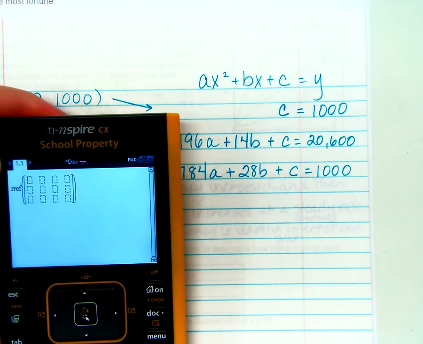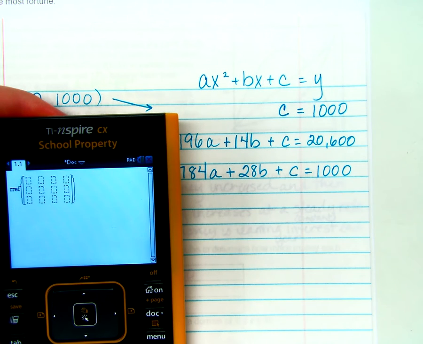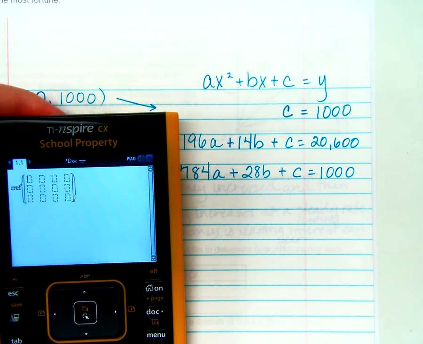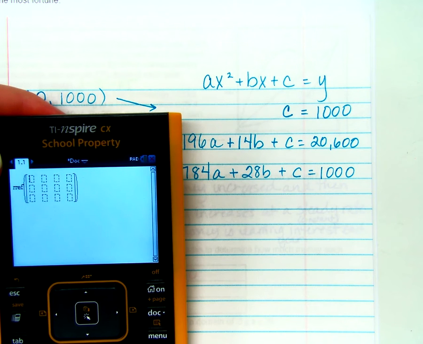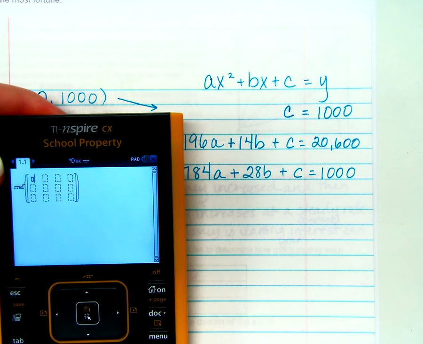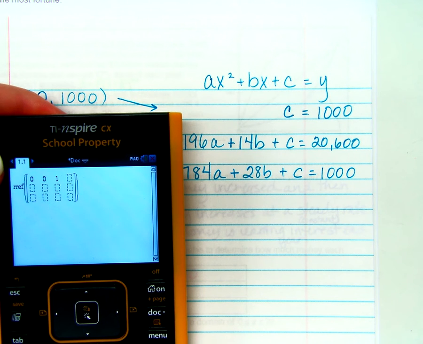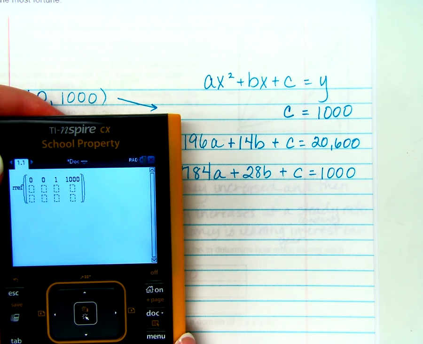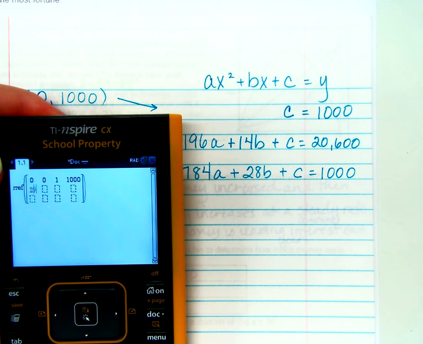Now, does that look like what I need it to look like? So that's a pretty good indication that I got it right, right? So start me off. Tell me what to put in here. 0, tab, 0, tab, 1, tab, 1,000. Now you can use the arrows here, but if I hit tab, it's going to take me to the next one. I don't have to do a whole bunch of arrowing. Okay? 196, tab.